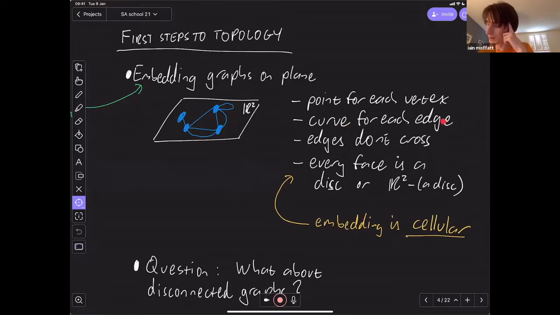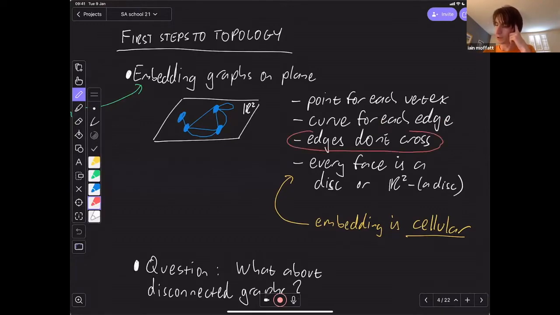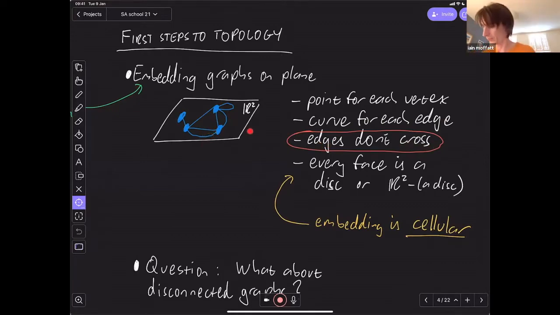An important point is that when I draw this, I'm not allowing the edges to cross. There are some graph drawing problems where you do allow edges to cross, but here we're doing topological graph theory, so I'm looking at graph embeddings, so I'm never allowing my edges to cross each other in my drawings.